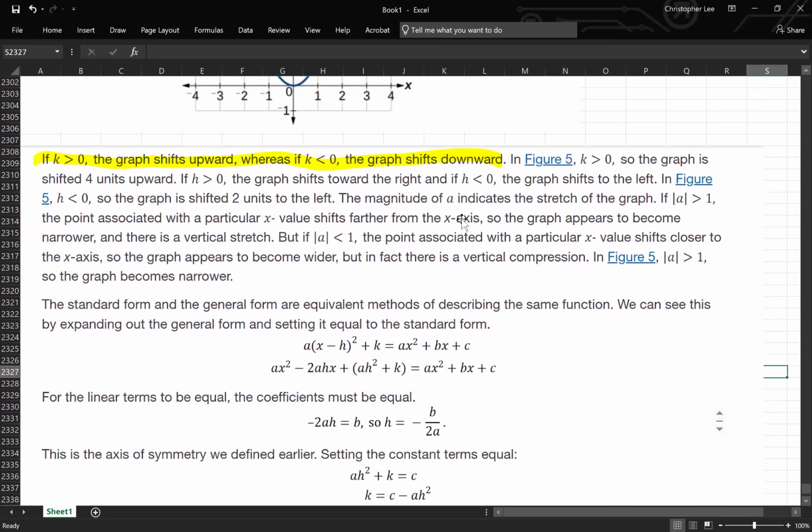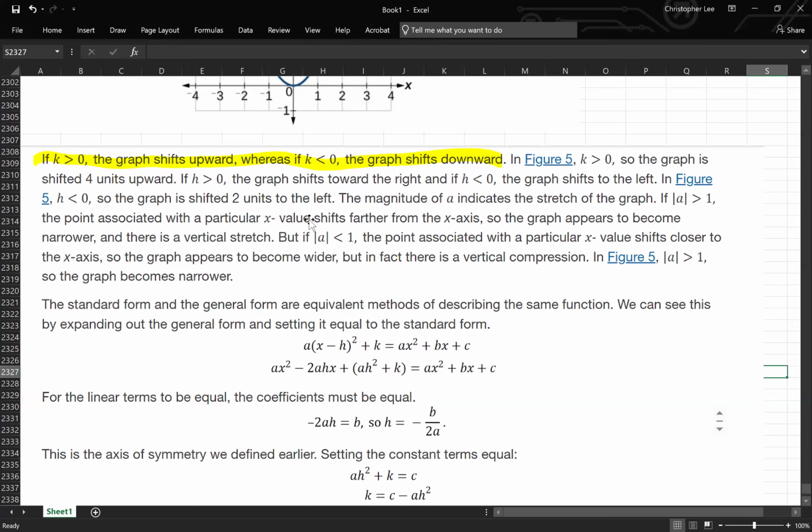The magnitude of a indicates the stretch of the graph. So if the absolute value of a is greater than 1, the point associated with a particular x value shifts further from the x-axis so that the graph appears to become narrower, right? And there is a vertical stretch.